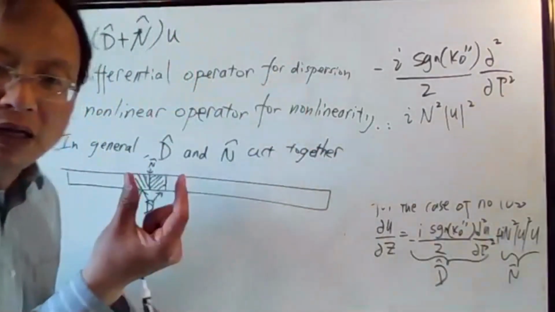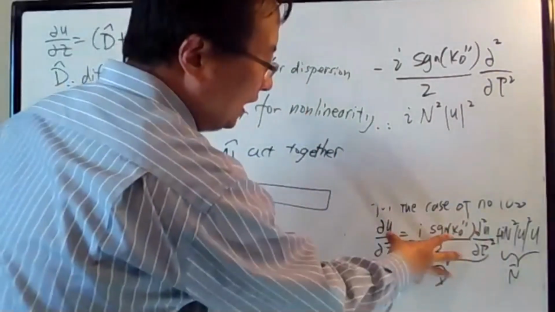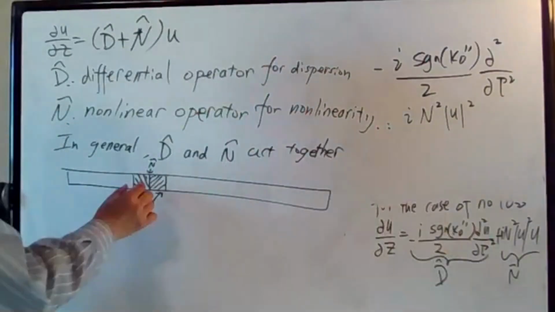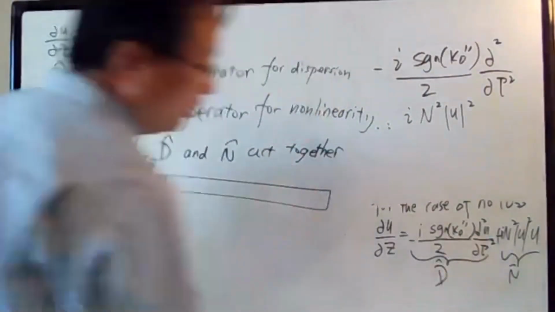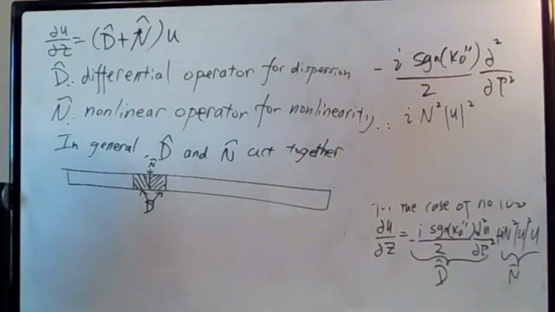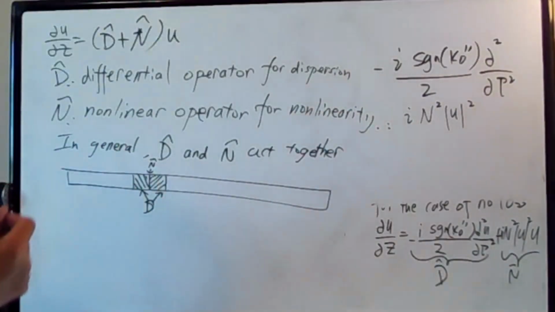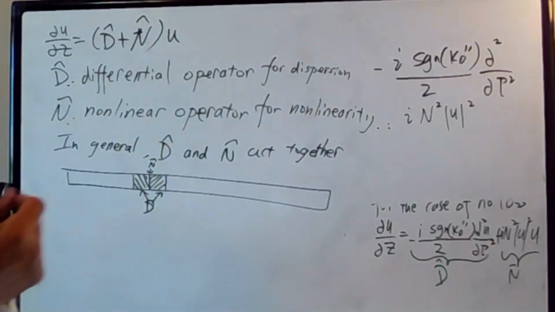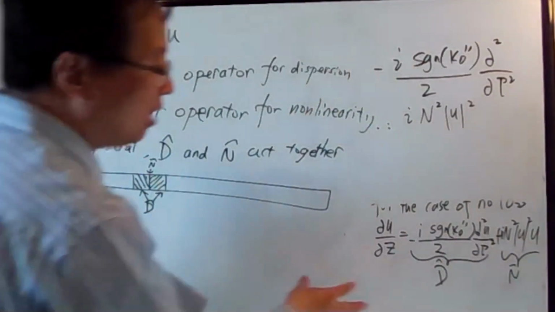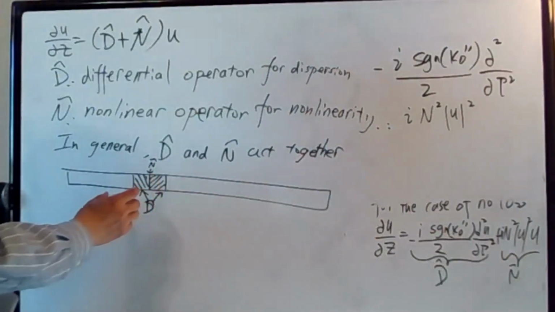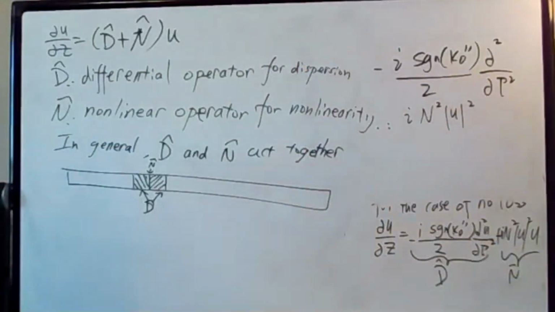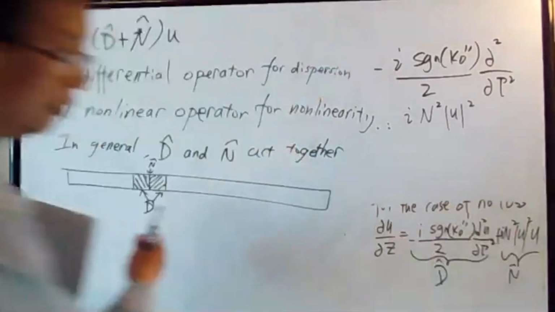So in each small step, we calculate D by two half steps, and then we calculate the nonlinearity in a small step. Remember, we can solve the dispersion in small steps, and we can solve the nonlinearity in small steps too.